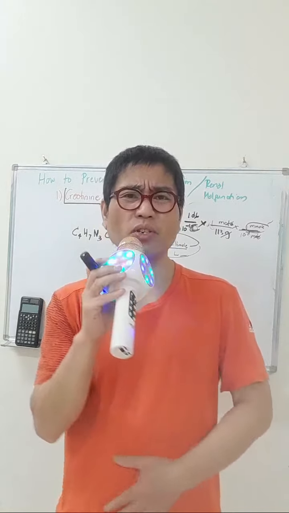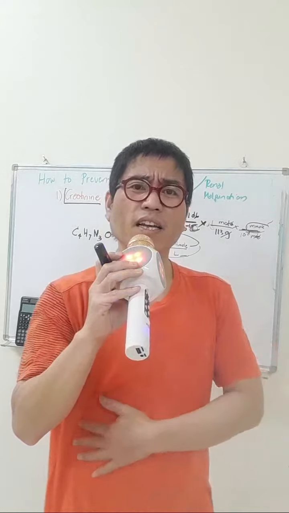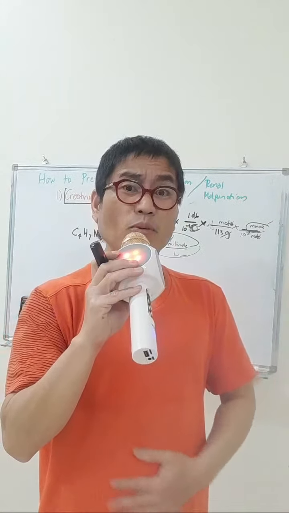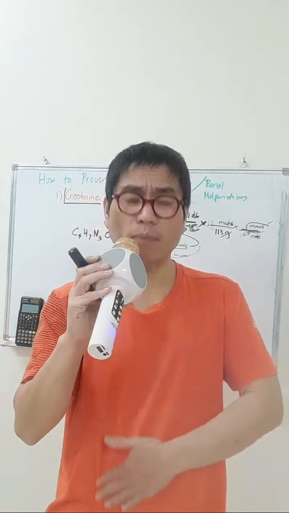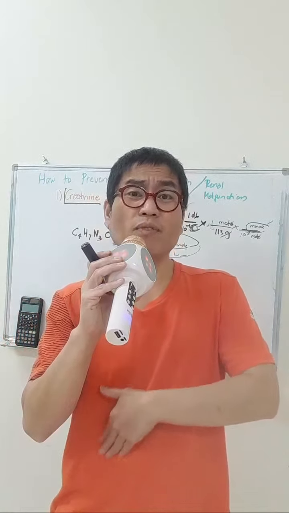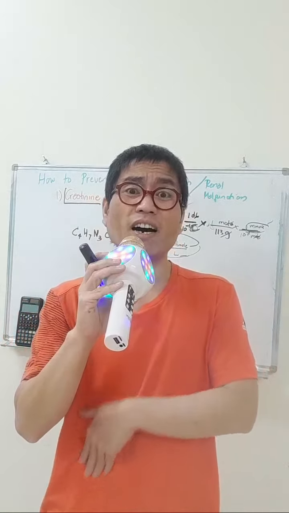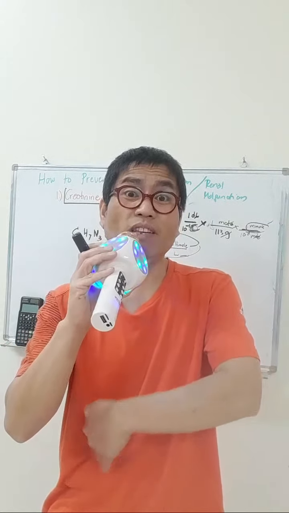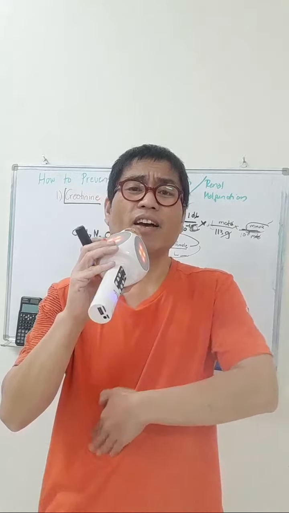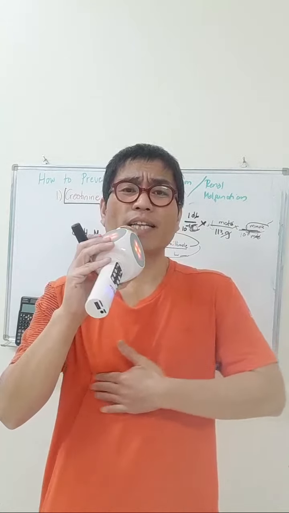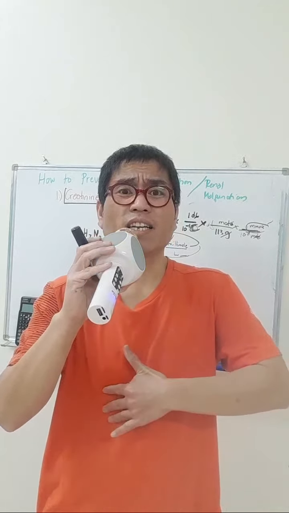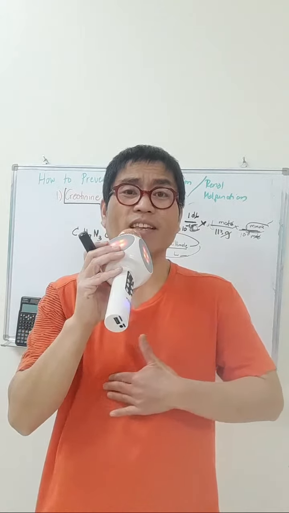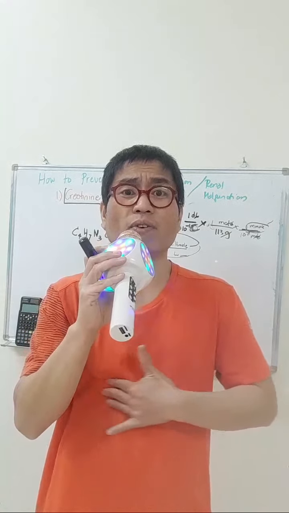For example, upper right abdominal pain, very painful, just like being penetrated by a needle, and also the upper right side of your chest. That's an indication that you have a higher level of creatinine.